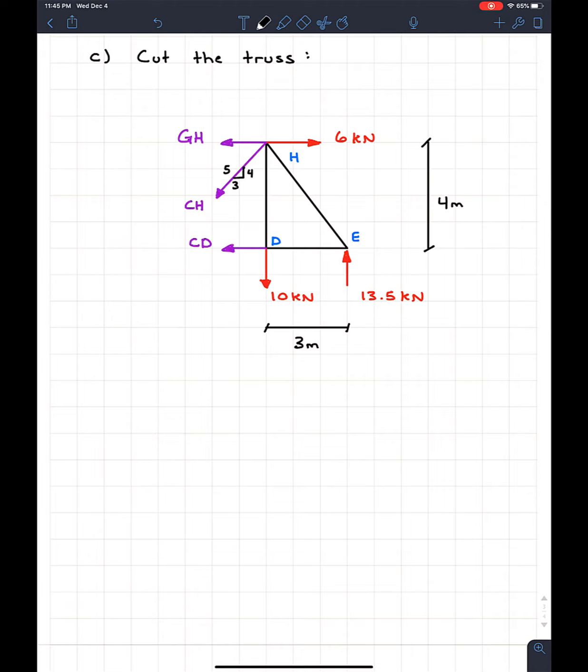So if I start off with the sum of the forces in Y is equal to 0, I'll start with my external loads. I've got 13.5 kilonewtons coming upwards, so 13.5, and then 10 kilonewtons going downwards, so minus 10.